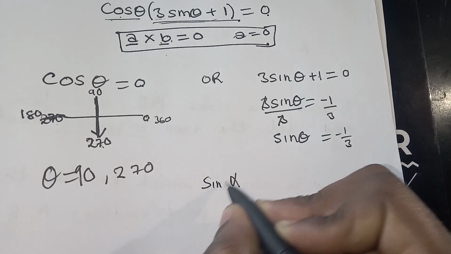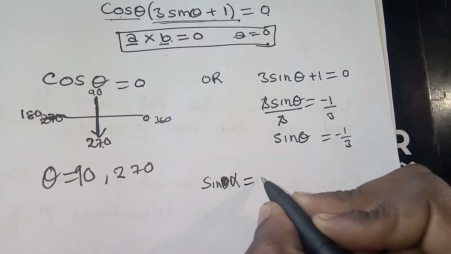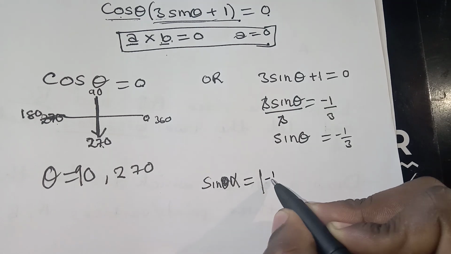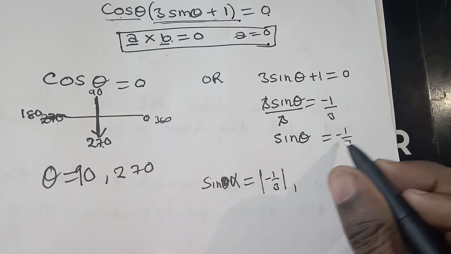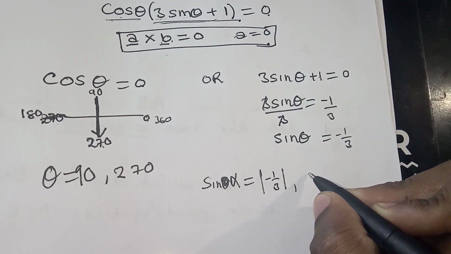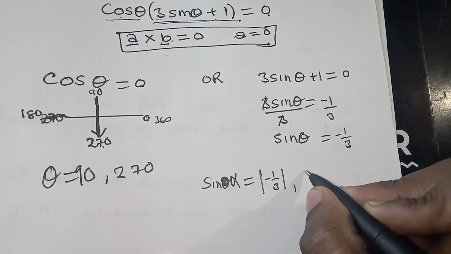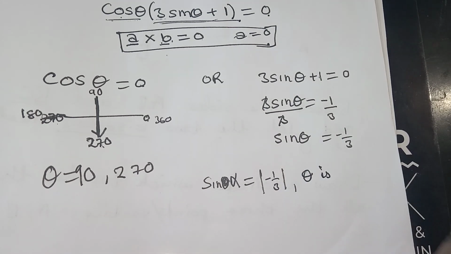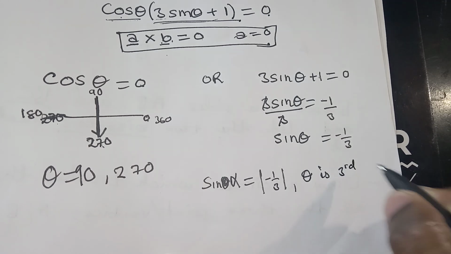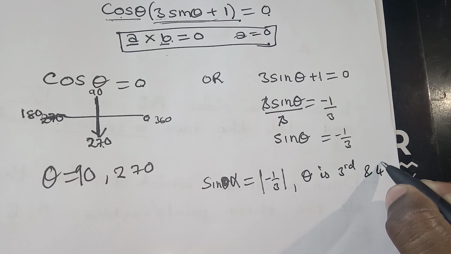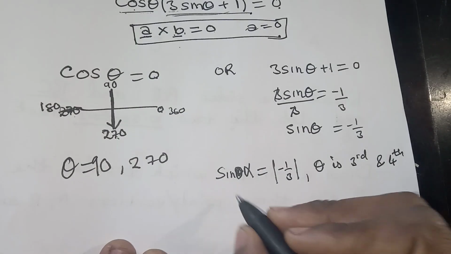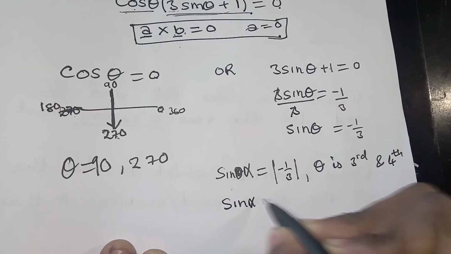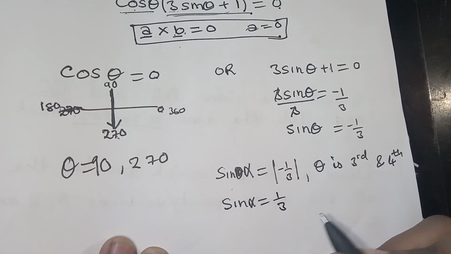This is defined as sine alpha is equal to the modulus of whatever you've been given. And then since this is negative, it means your theta is in the third and fourth quadrant, because sine is negative in the third and fourth quadrant. Yeah, so now sine alpha will be 1/3.